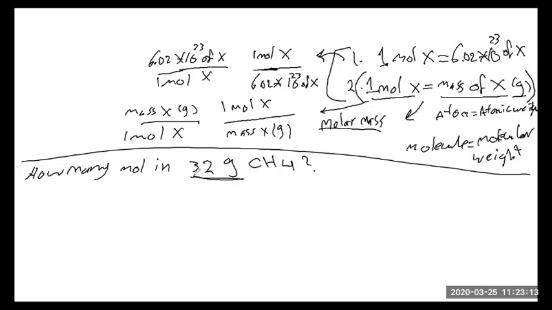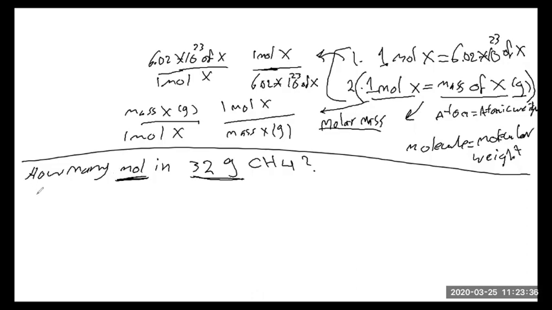What do you have here? A gram. It is a mass. What are they asking here? Mole. So you have to go back and look at which one has a relationship between mole and mass. The 1 mole X over mass X gram. That's correct. It means meaning number 2.